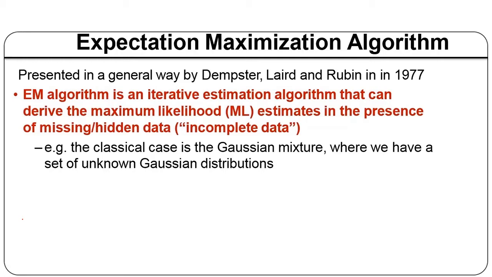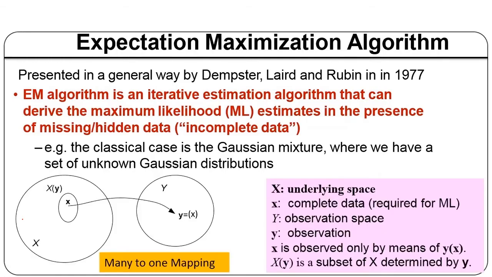One is expectation, then the maximization step. We discussed the Gaussian mixture function. This is one of the best optimal functions that will be used to find out the missing values in the expectation maximization algorithm.